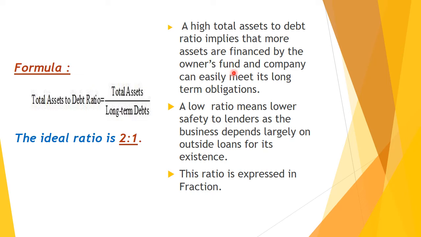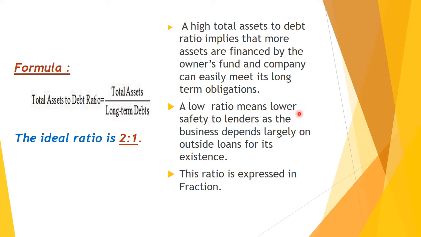Okay. Now if it is lower, then it means lower safety to lenders, as the business depends largely on outside loans for its existence. This is a very dangerous situation because they don't have much asset with them.